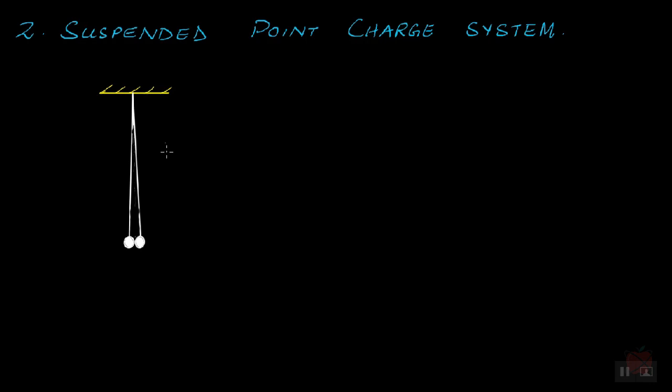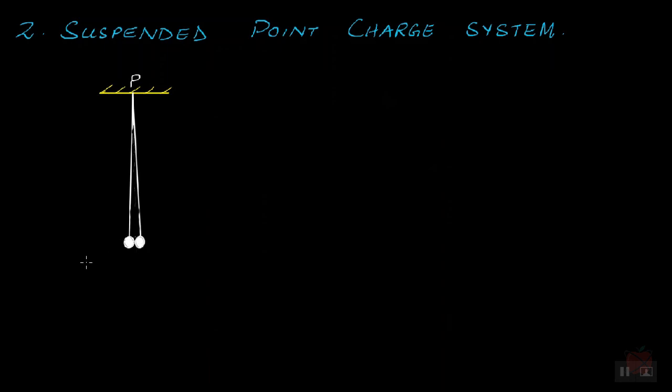Let's say we have two very small metallic spheres, and they are hung from this point P, from a rigid support. You can see here that the two metallic balls are touching each other.